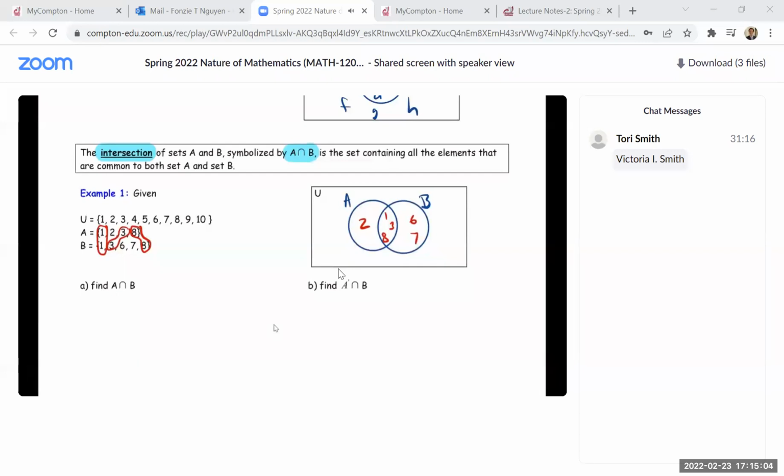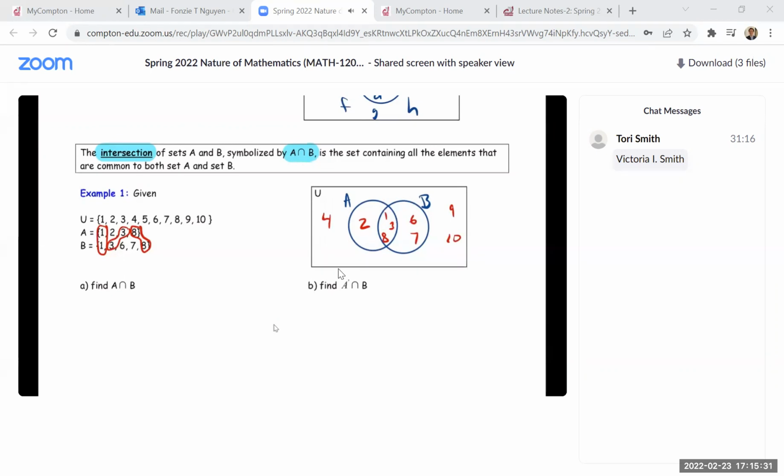And then what goes in the universal set outside of these circles? What are we missing? 4, 5, 9, and 10. I think it's one more, is it? Yeah, should be one more.